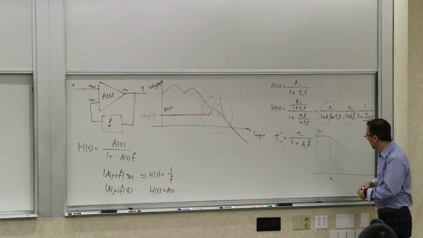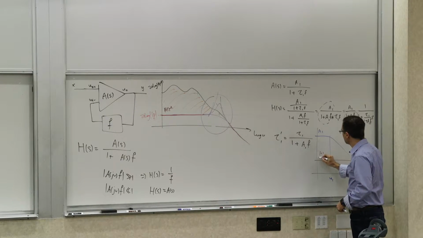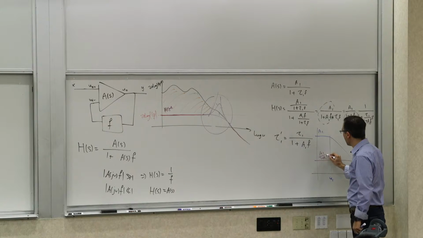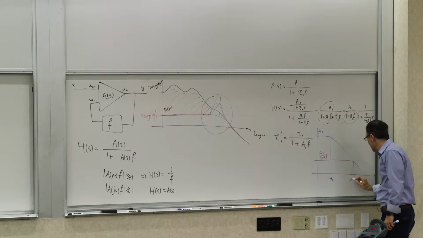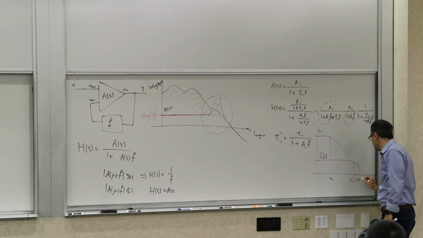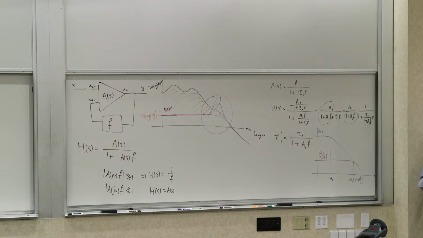But now, when you applied feedback, you got A1 scaled by 1 plus A1 f, and the frequency became omega 1 times 1 plus A1 f. And you can see in this example, the gain bandwidth product has remained exactly constant.